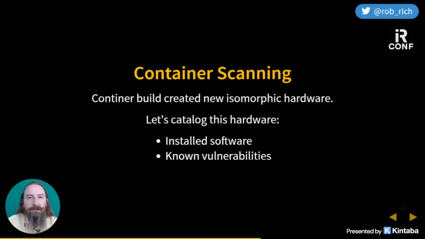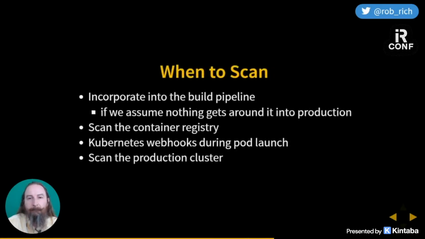We want to look not only at the dependencies for our application, but also the dependencies of our container. With that list of software, together with the versions of each of those packages, we can compare that to a list of known vulnerabilities, and we can validate if our system is secure.